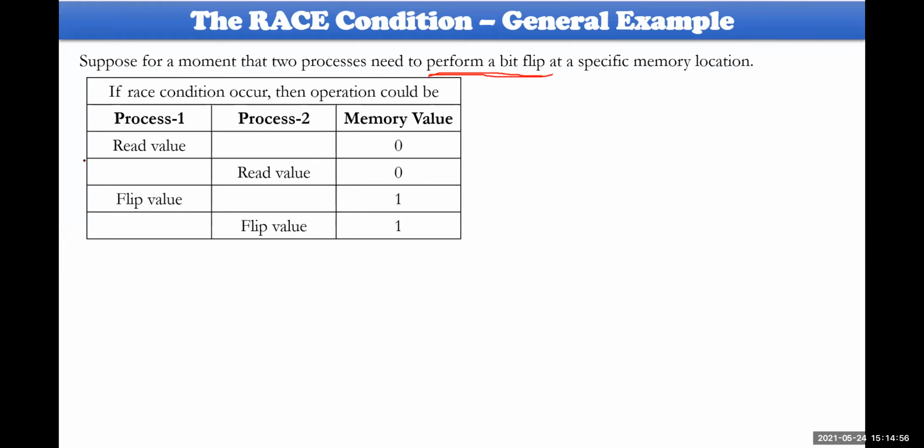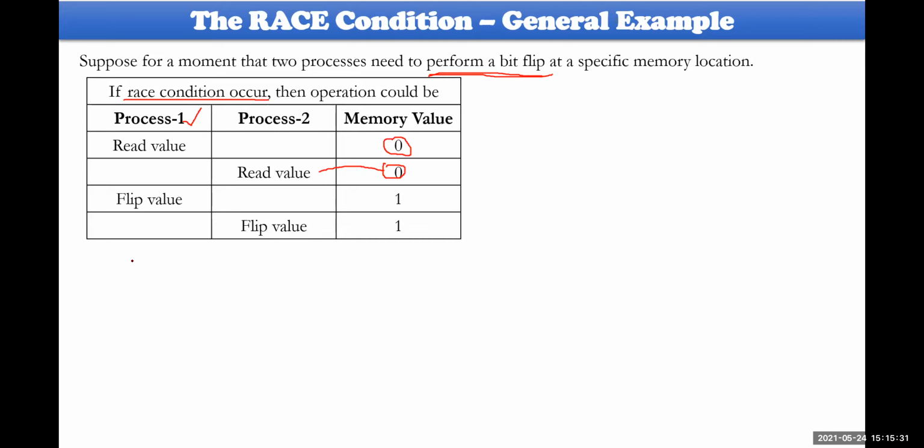So if two processes are there, let us see how the race condition could occur. Process 1 has read the value, and process 2 has read the same value. Process 1 has to flip the data and write it onto the main memory, and similarly process 2 also flips the data and writes it onto the main memory.